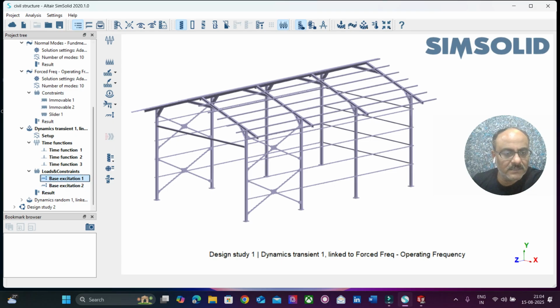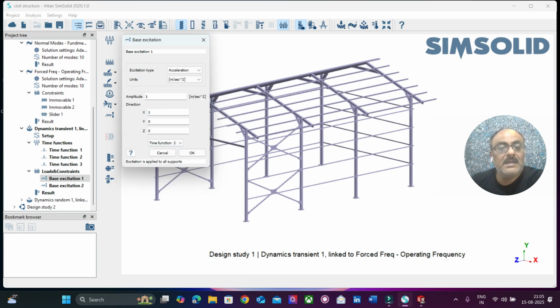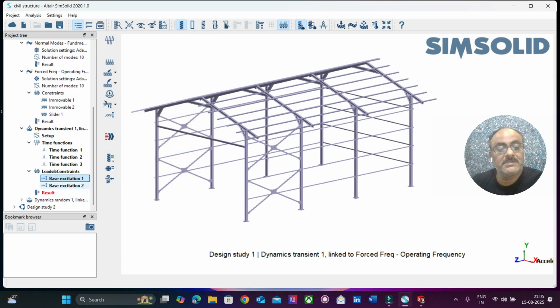Here, let us say the excitation type is an acceleration, given in terms of g value, a 6g kind of loading to the structure.